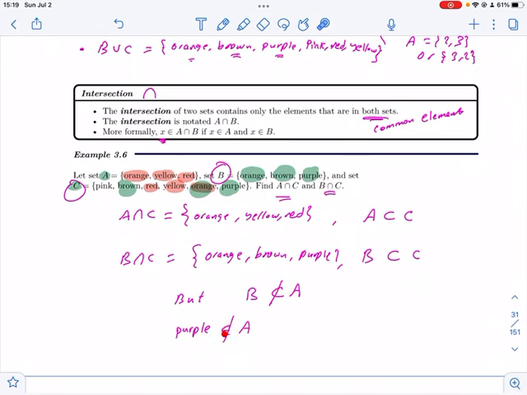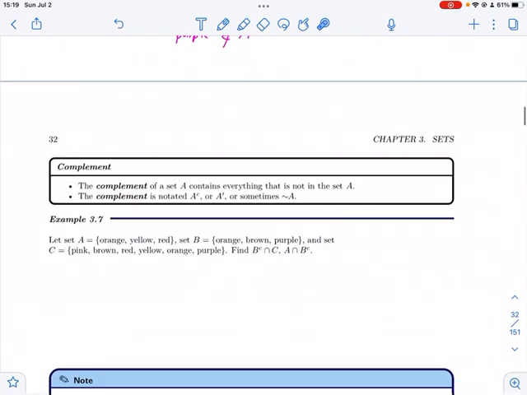Now the third operation is the complement of a set that contains everything that's not in that set. For the set A, we use A^c, or A dash, or sometimes negation of A to describe the complement. For example, we have the set A that consists of the colors orange, yellow, and red.